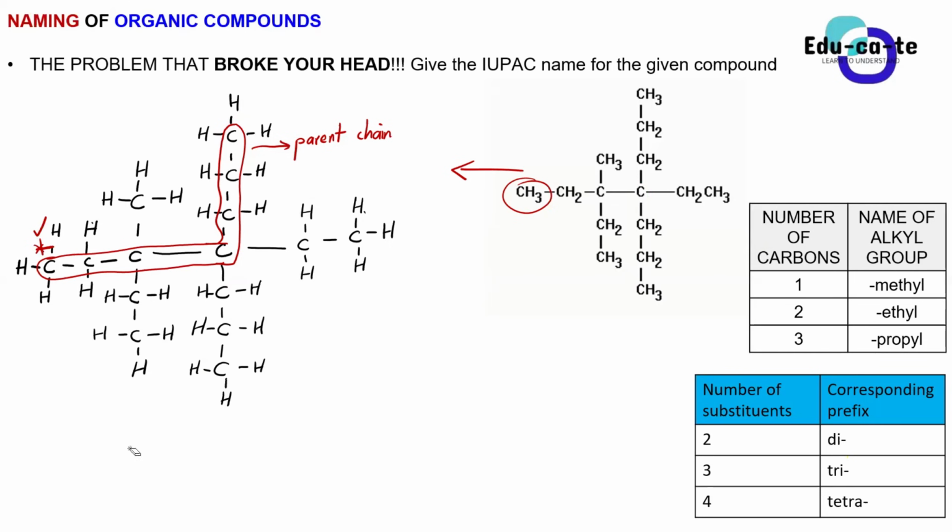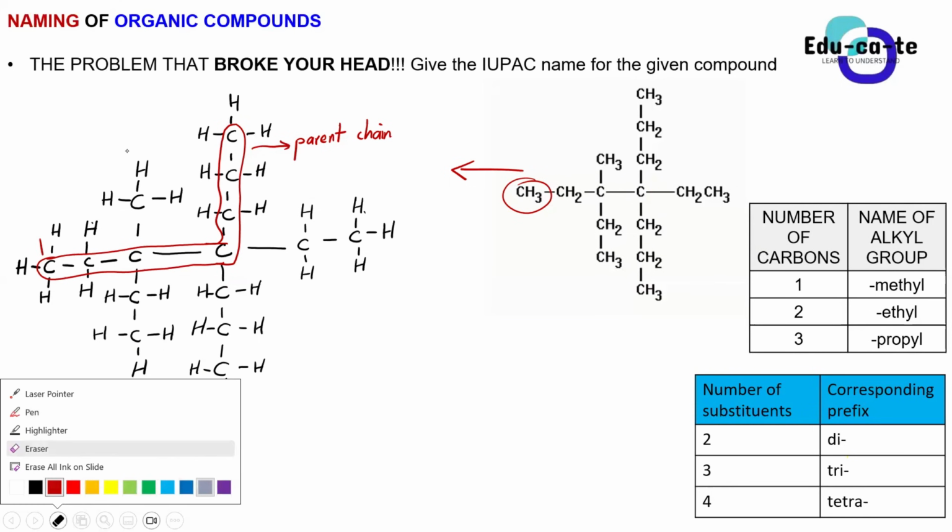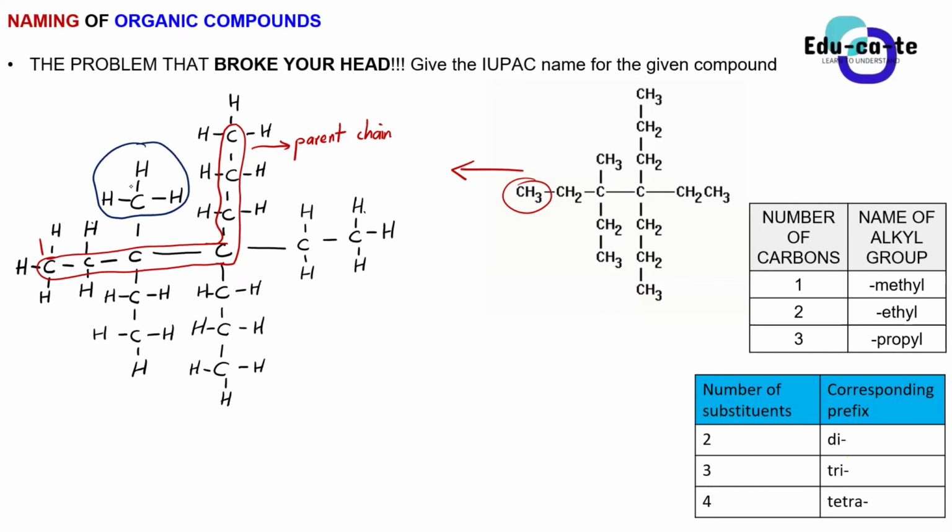If you guys notice here, we have a substituent here. This is a substituent, right? It's a methyl group. You guys can now see that this is a methyl because it has got 1 carbon. And then on this carbon, the very same carbon, guys, before we number it, it also has got a 2 carbon side chain.